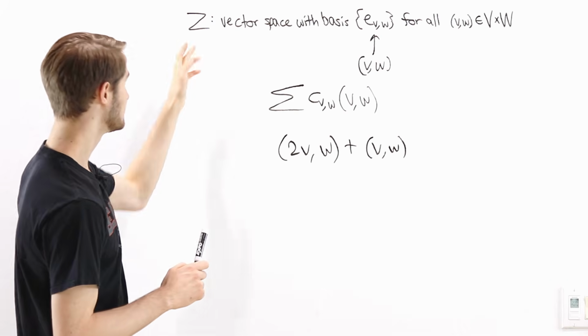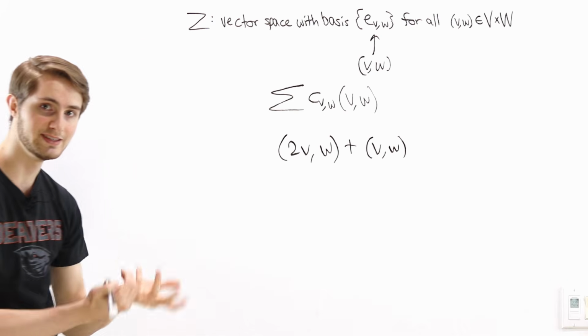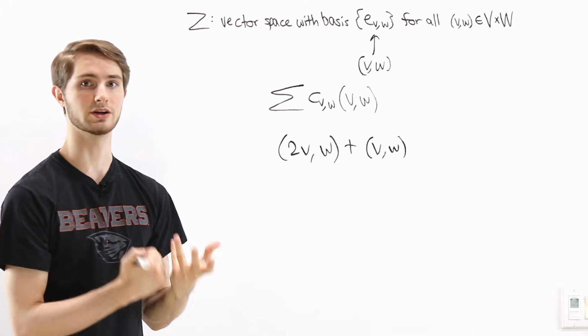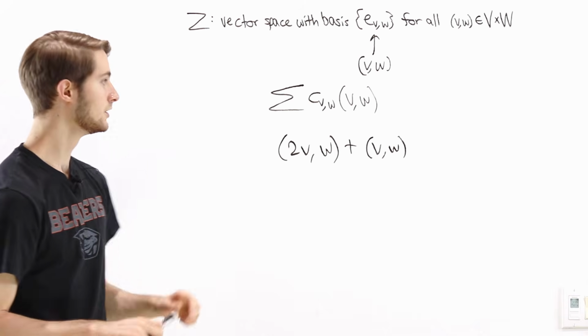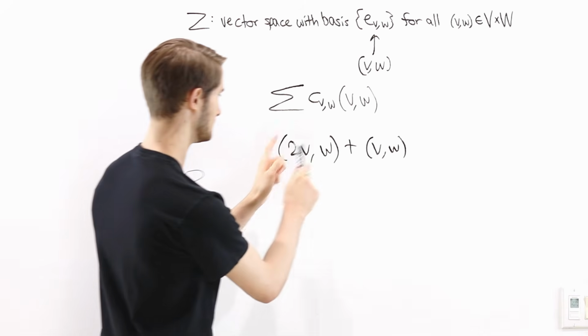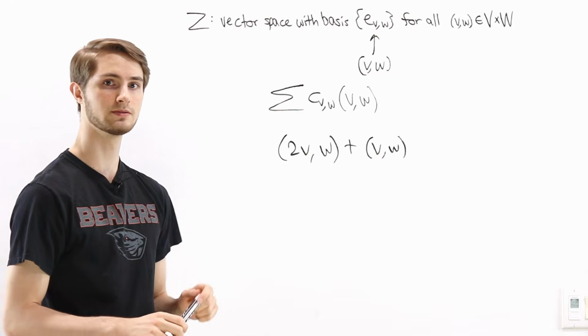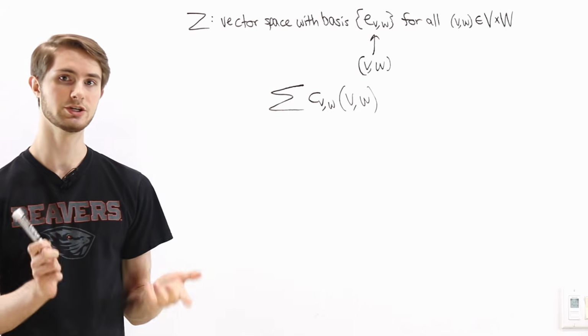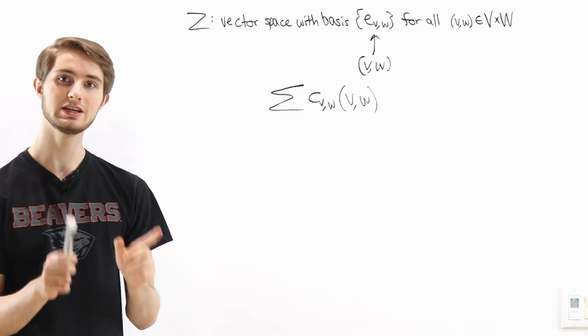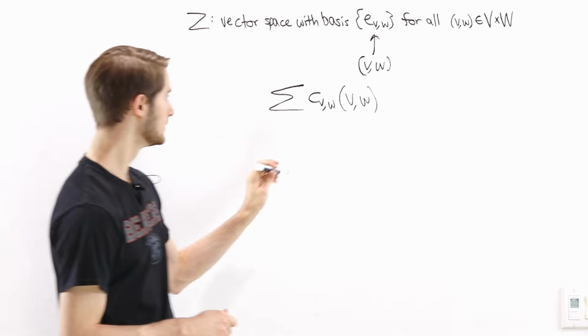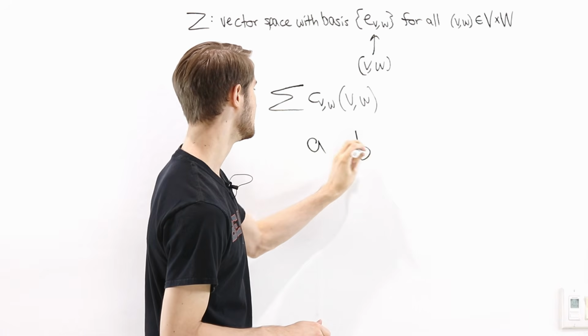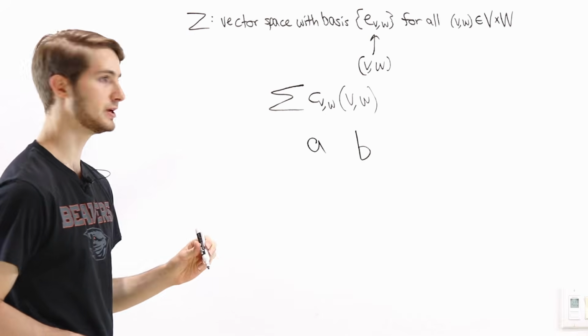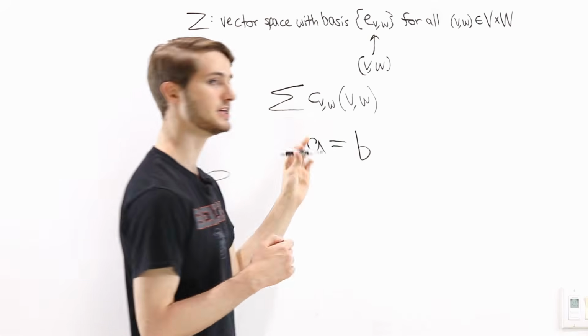In order to take this vector space Z and get down to the tensor product that we really are interested in, we need to start adding relations between these different elements. So the key thing to realize about Z is that we can add relations between elements, and let's see how we could do that. Suppose that a and b are both elements of our vector space, and we want them to equal each other.